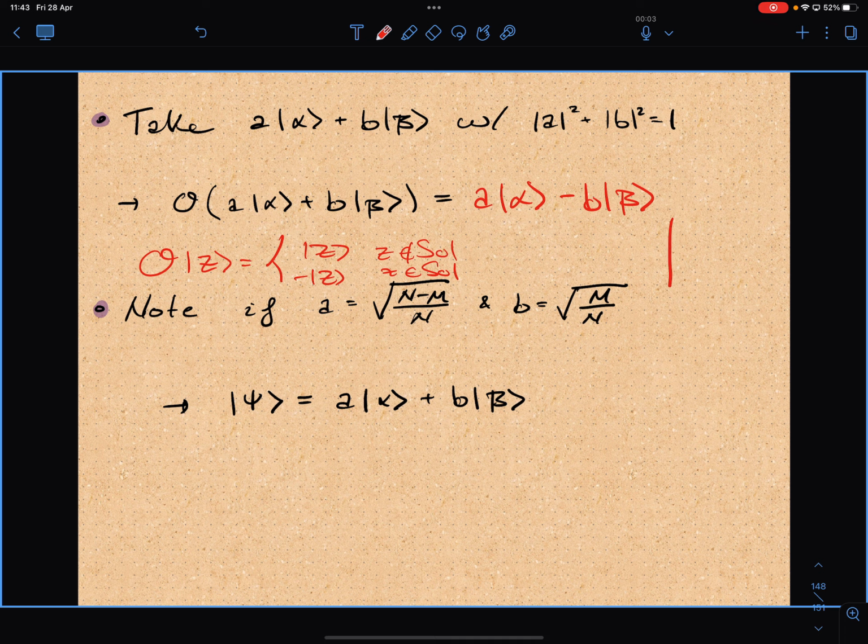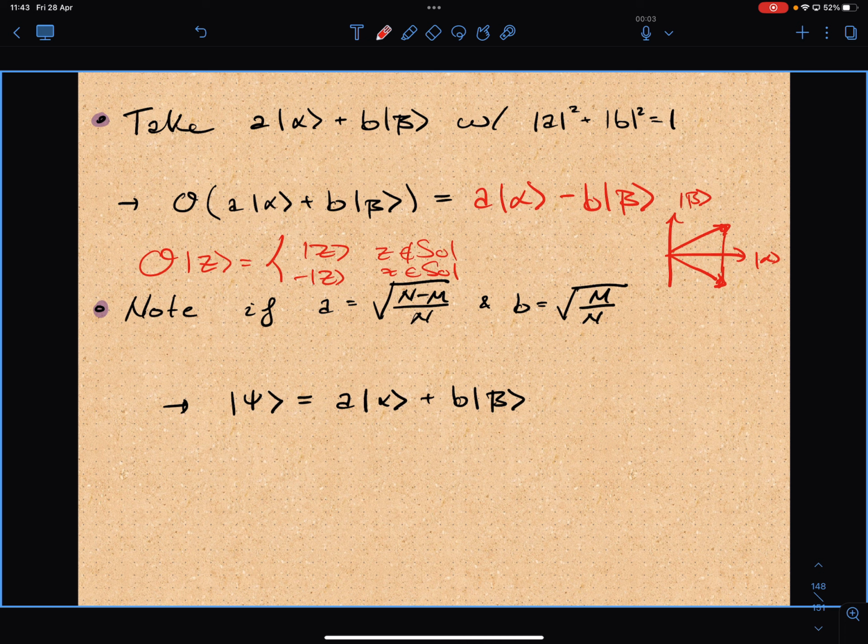And the picture here is that if this is alpha and beta, and you have a vector like this, then it's going to get flipped over the alpha axis. So again, all these actions are reflections over vectors.